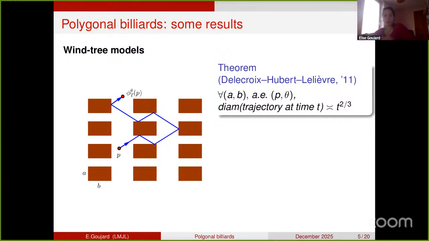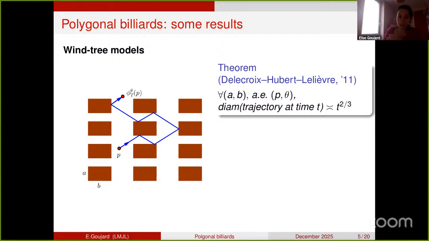The second one is an infinite periodic billiard table with rectangular obstacles. And you play billiard in this infinite table. And here what you can look at is the diffusion rate of a trajectory. So what is the diffusion rate?